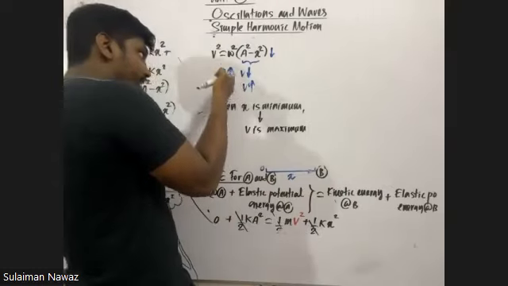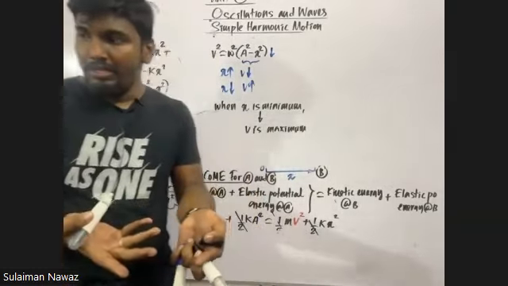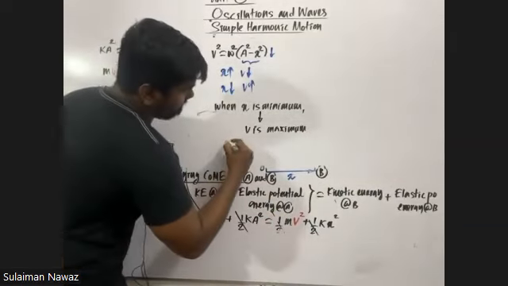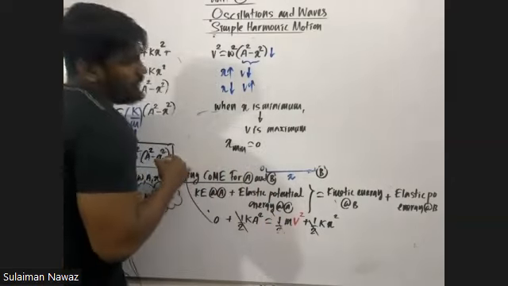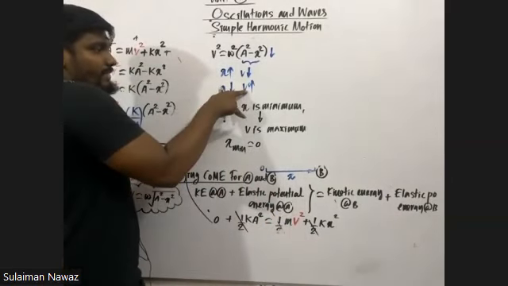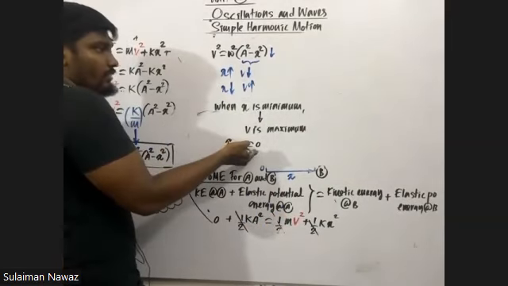Then what is the minimum x? Minimum displacement is 0. The minimum x is 0. We know velocity is maximum when x is minimum, and the minimum x value is 0.